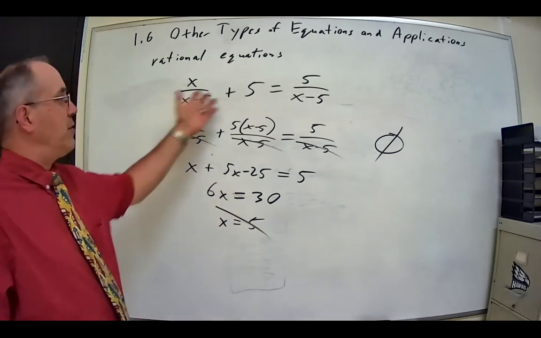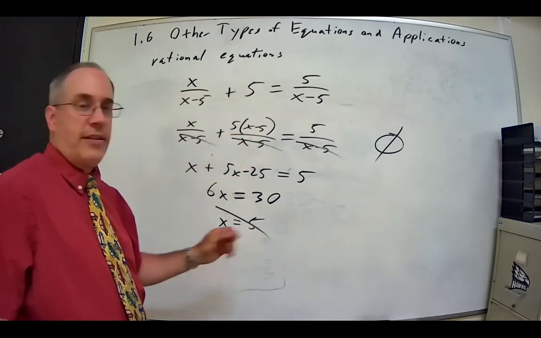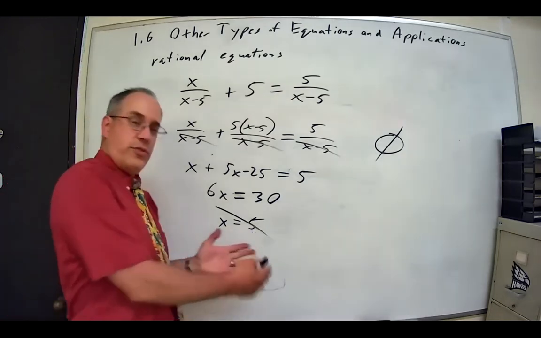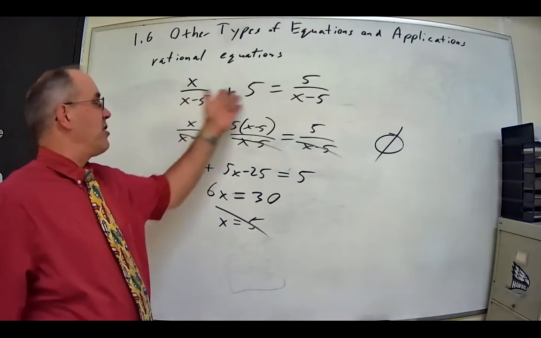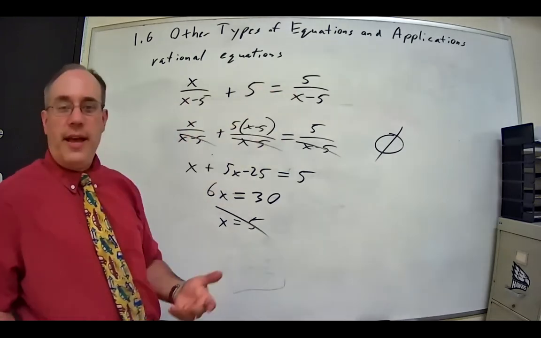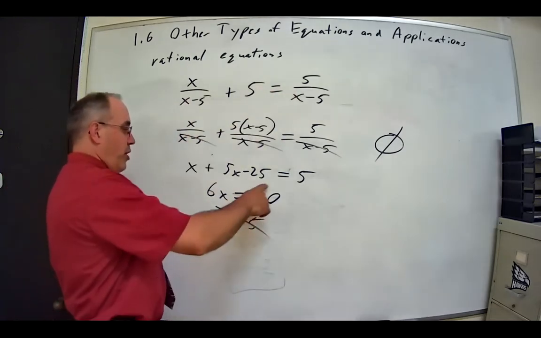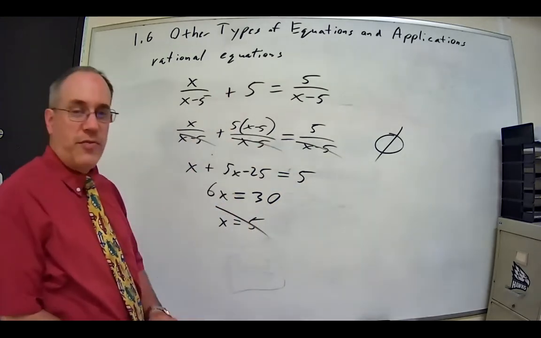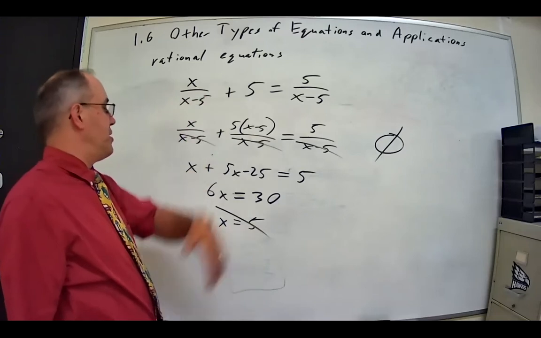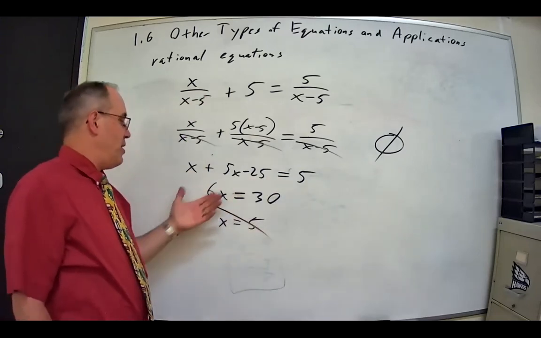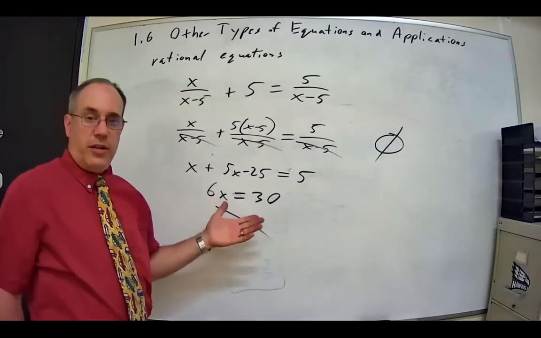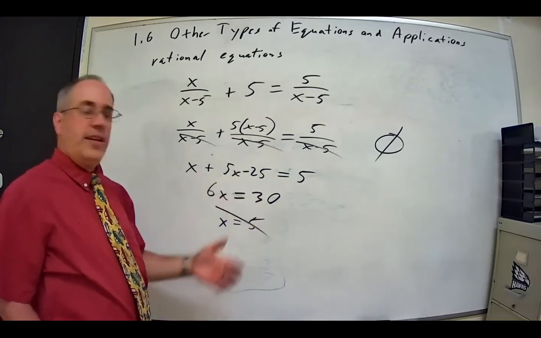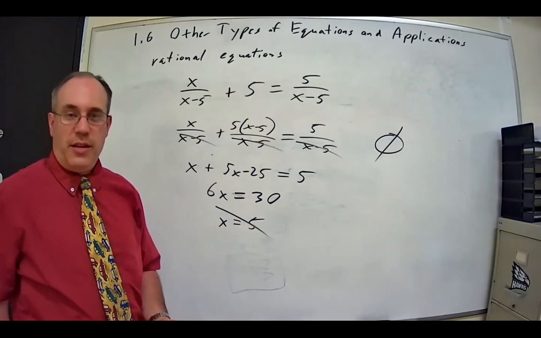But a good example, relatively simple, shows that we sometimes get a proposed solution that does not work. And why did that happen? Because when we are dealing with this, once we've multiplied through by that x minus 5 and got rid of the denominator, then we got into this linear equation that was solvable and didn't have any restrictions on it.